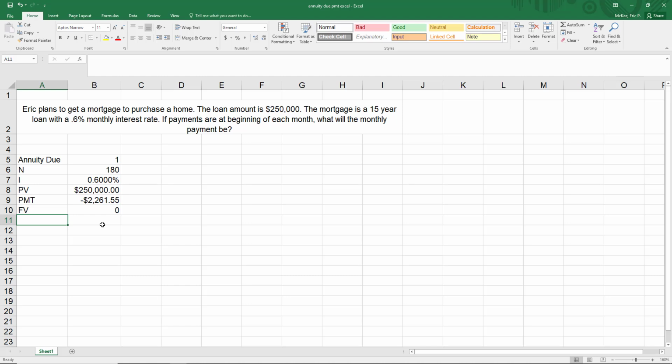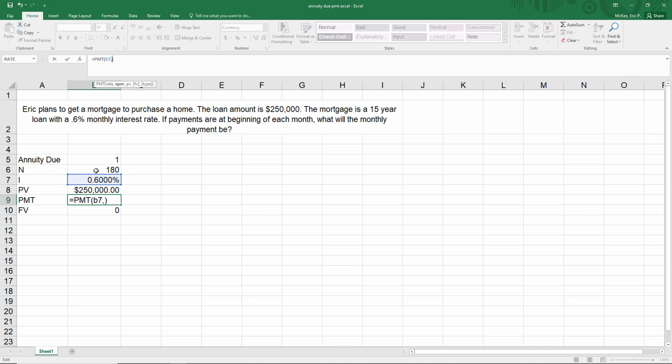Now, let's say we want to be a little fancier, use better Excel practices, and most importantly, be able to reuse this for future annuity questions. I can clear out the numbers I entered directly and instead use cell references. So for rate, I needed to put in 0.006. I already entered that here at B7. I type in B7, and Excel is now going to take whatever value I put in next to I as the interest rate for the payment function.